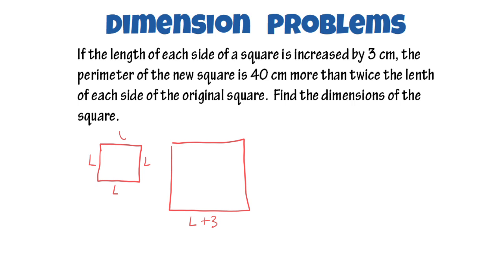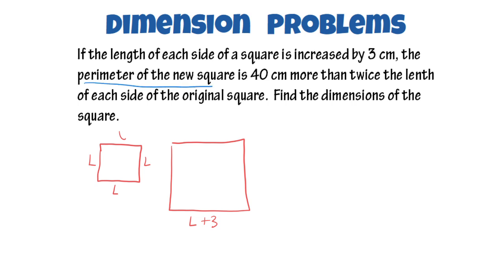Let's go ahead and try to get the equation set up, figure out what that relationship is. So we've got the increase by 3 centimeters. Now it says the perimeter of the new square is 40 centimeters more than twice the length of each side of the original. Okay, so I'm going to write that almost just like it's a sentence as they said it.